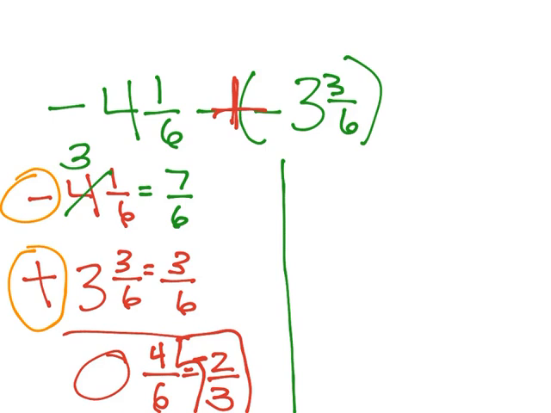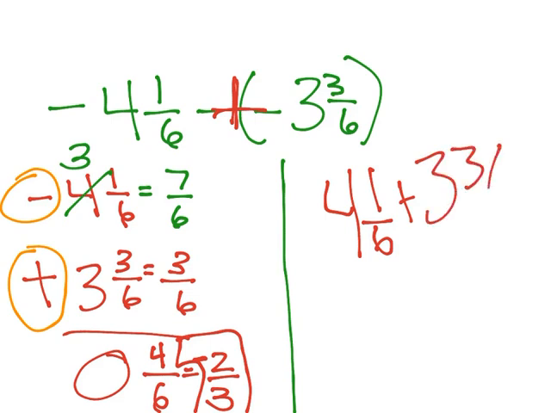So I know to add, because the signs are alike, so I'm adding negative 4 and 1/6 plus negative 3 and 3/6, but I'm going to change them to improper fractions.